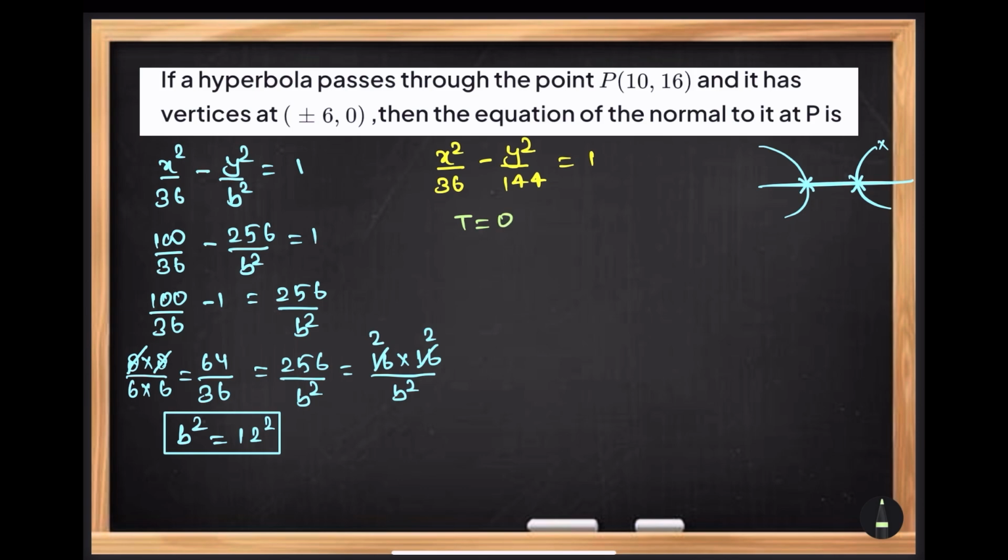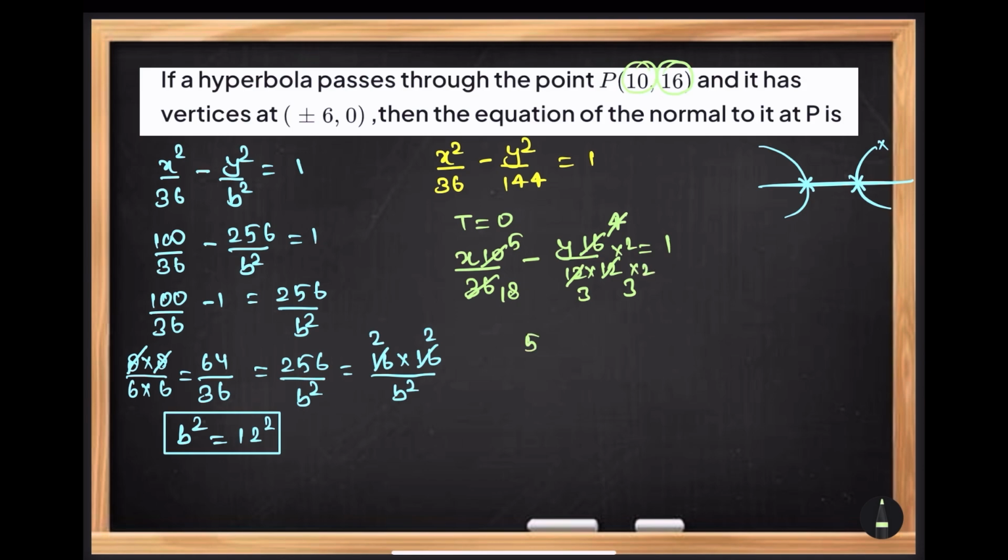So x square will be replaced with x x1, and y square with y y1: x times 10 by 36 minus y times 16 by 12 into 12 equals 1. Now look at this, it is 9, that side it is 9, so go with 2 and 2.